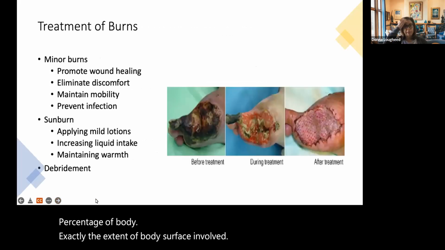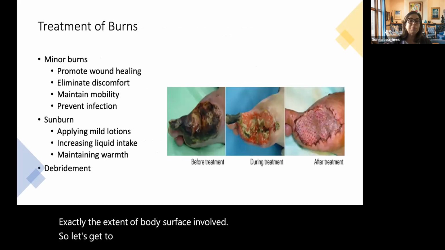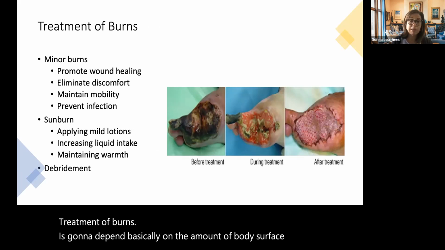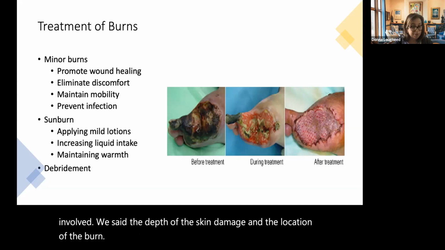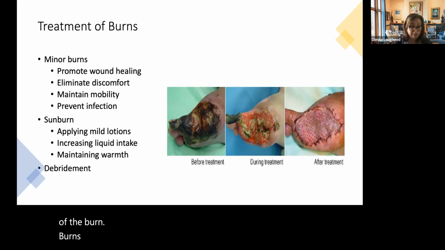So let's get to learning. Treatment of burns is going to depend basically on the amount of body surface area involved, the depth of the skin damage, and the location of the burn. Burns that involve the airway would require more attention than those that involve the extremities.